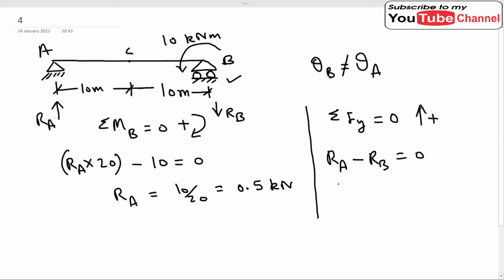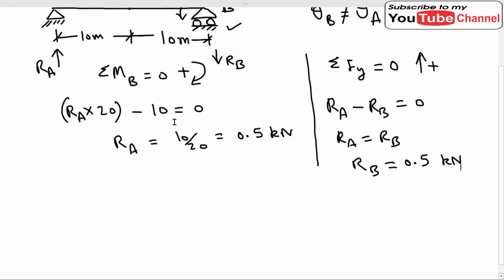We get RA equal to RB from this equation, and we have found RA equal to 0.5 kilonewton. So RB will also be 0.5 kilonewton. In this way we can find the reactions RA and RB. In general, when we have this type of loading, we can directly write the reaction as M by L at both supports, but you have to check the direction.